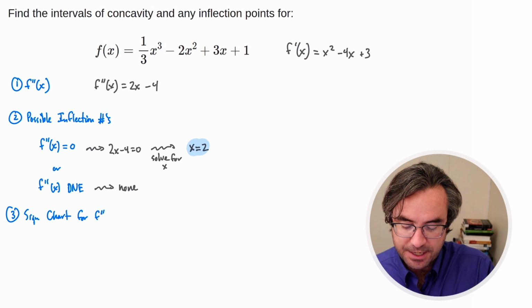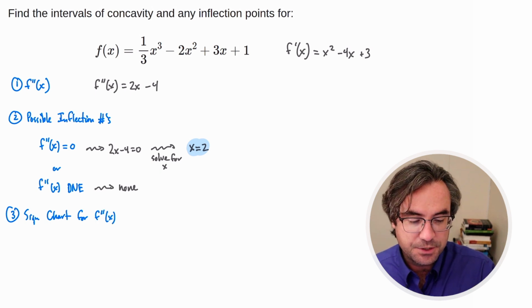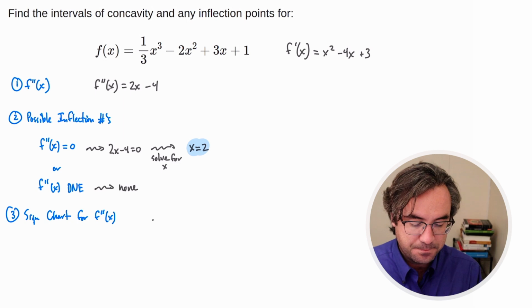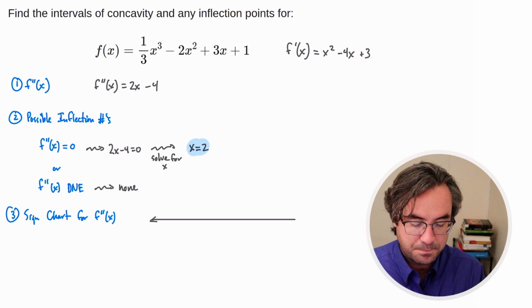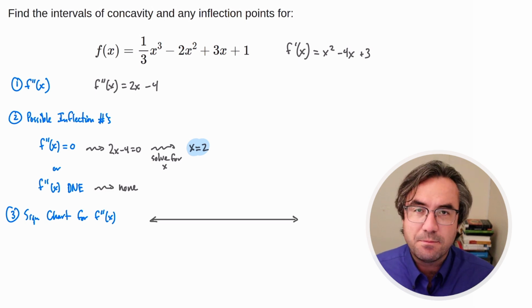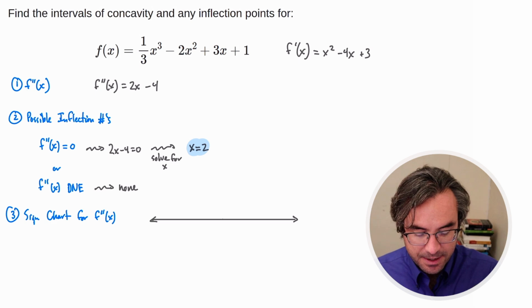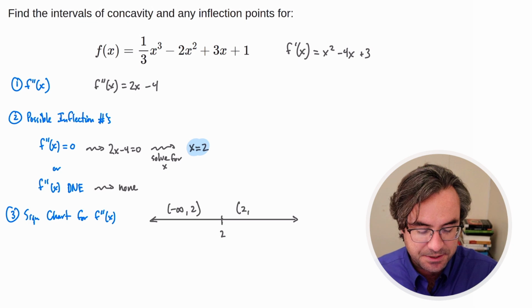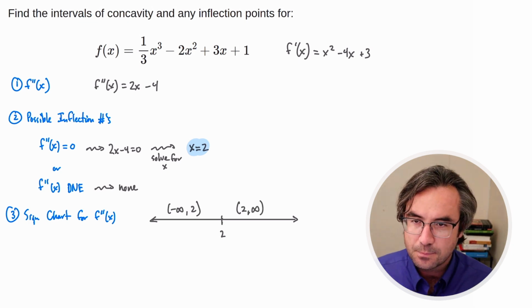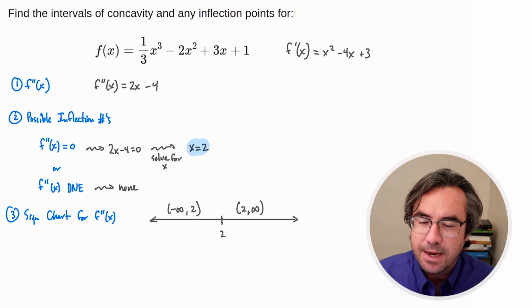We're going to do our sign chart for our second derivative. So let's draw our x-axis. We're going from minus infinity to plus infinity, and we've only got one possible inflection number, so let's put that right in the middle. What that does is split up our x-axis into 2 intervals.